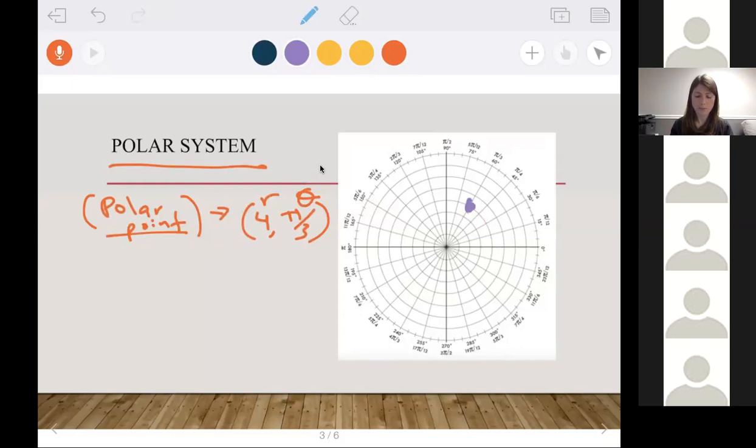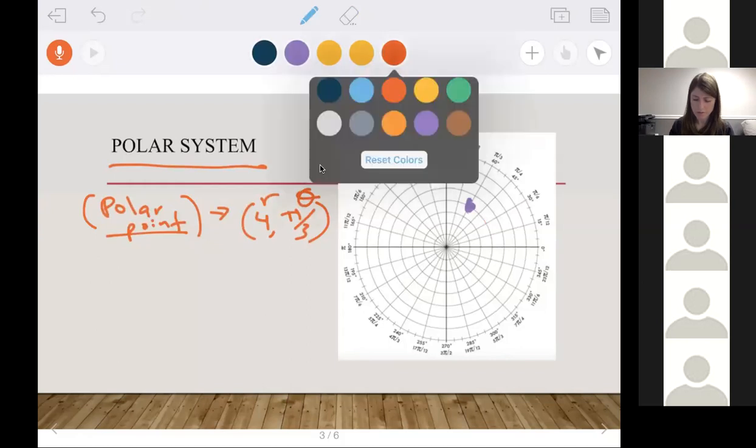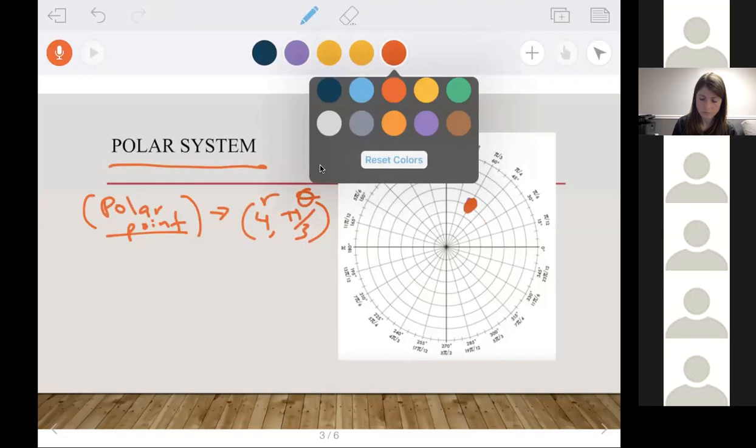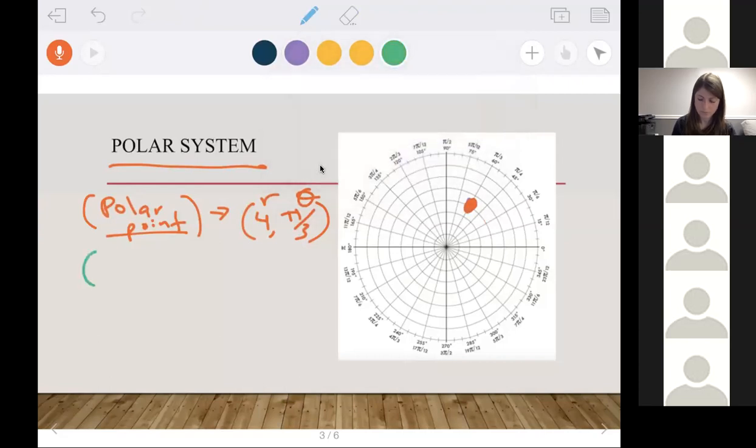Maybe another example, and let me make my colors a little more consistent. Actually, let's make that one red. Okay, there we go. So if I do another point, (2, negative pi over 2).